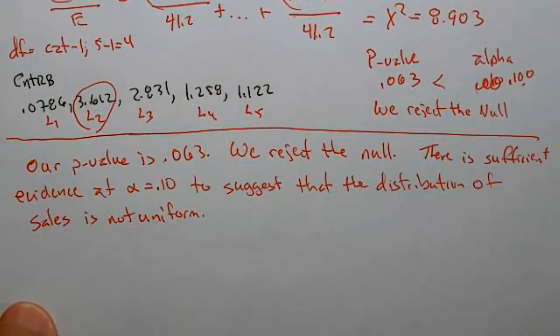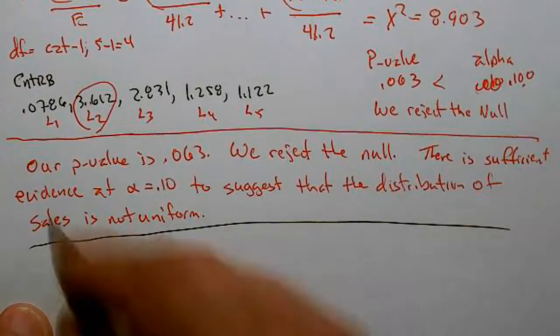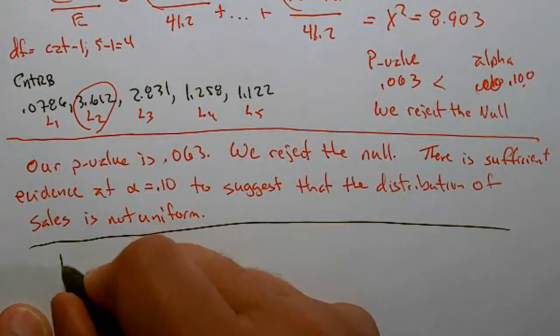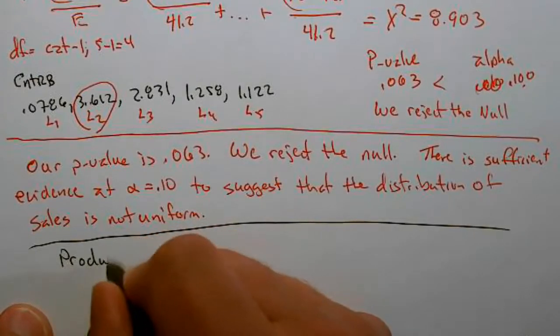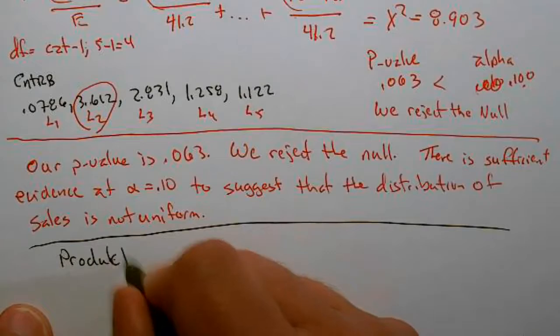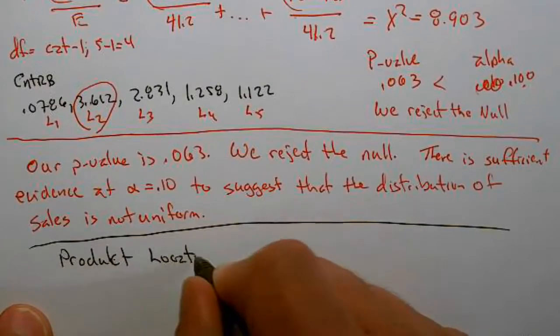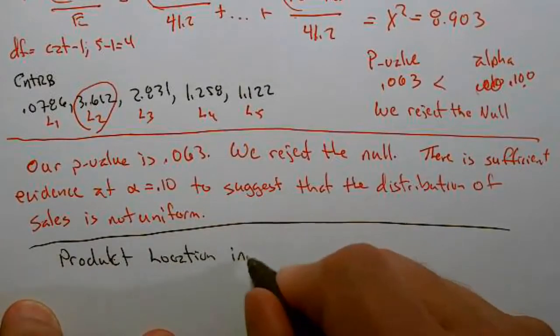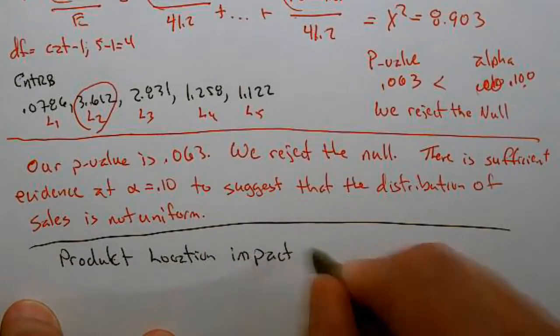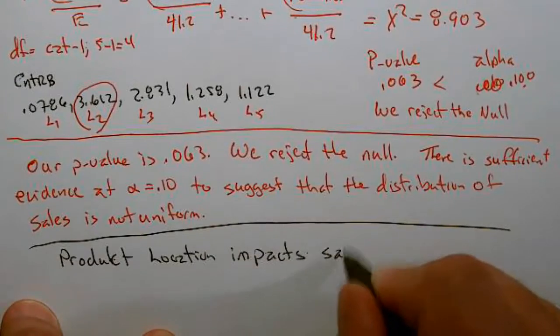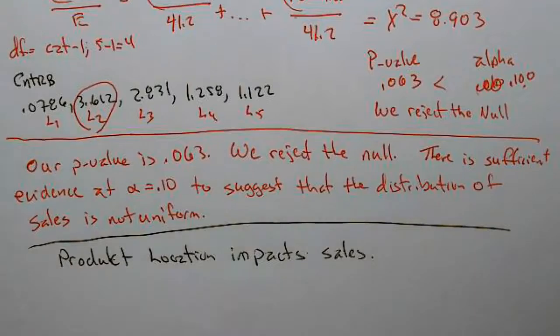Simplified language would say product location impacts sales. We have evidence to say that. Or product placement impacts sales. And we know that location 2 had the biggest impact.